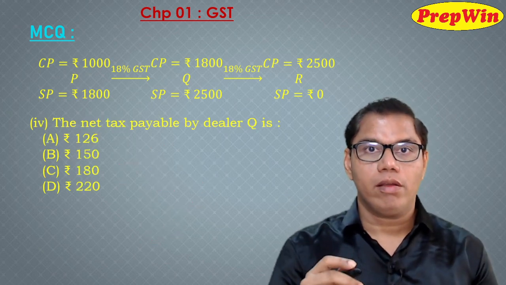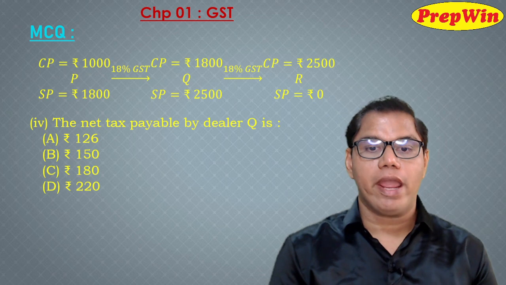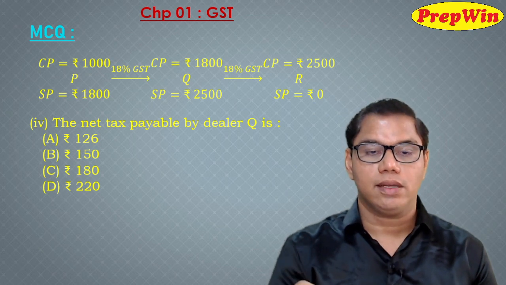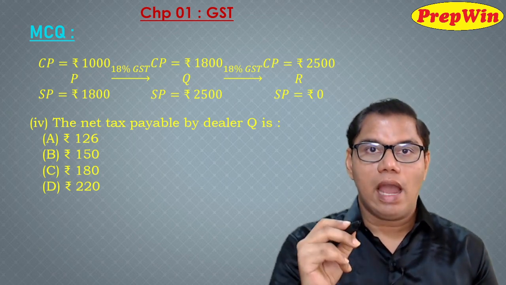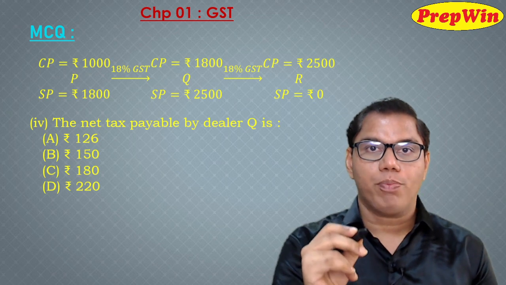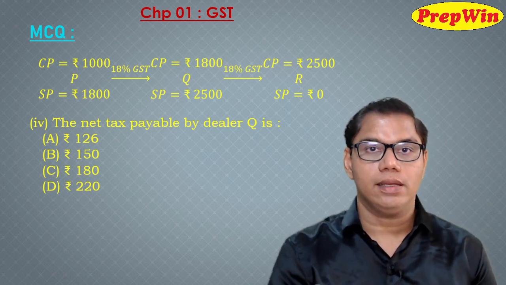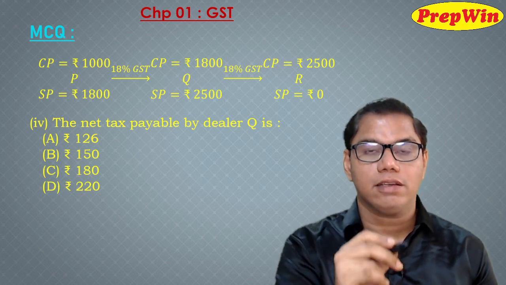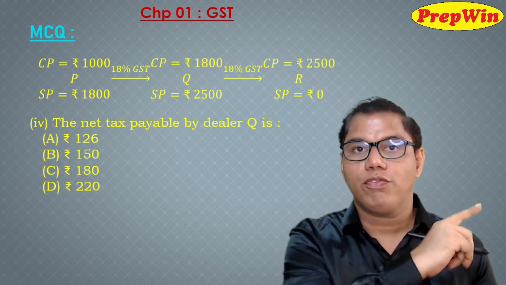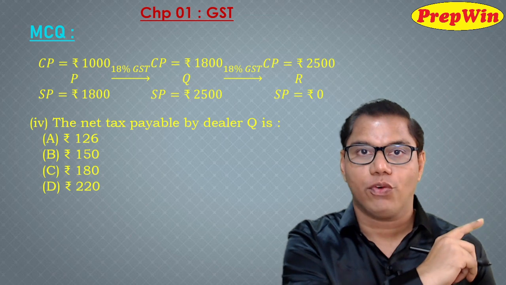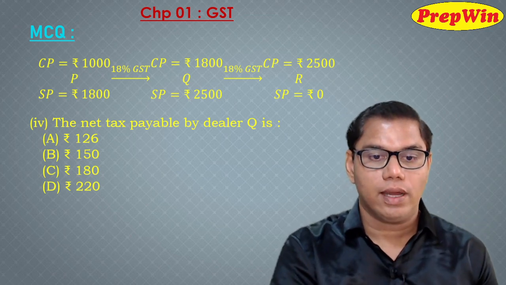Sub question number 4. The net tax payable by dealer Q is dash. Stay along with me. I will show you the shortest possible method to find out net tax directly, and I have given this as a formula also, which was formula number 8, the last formula. So let us find out the net tax.